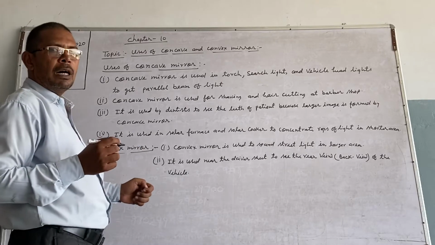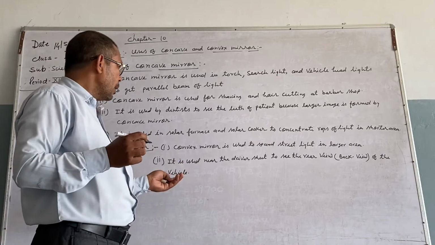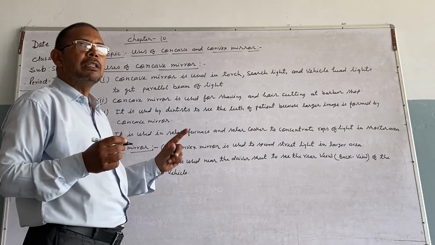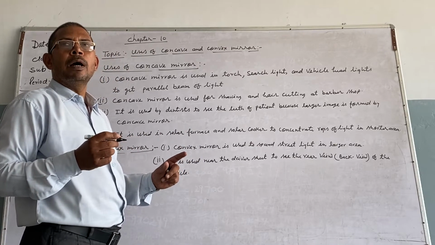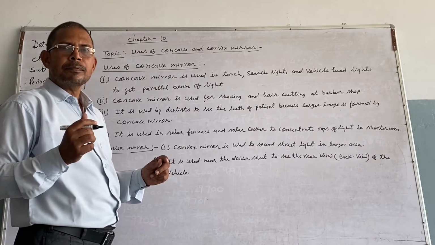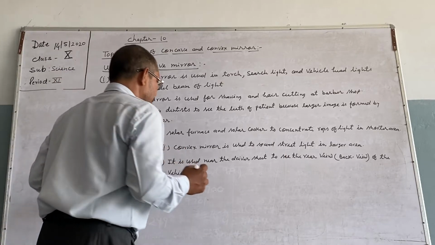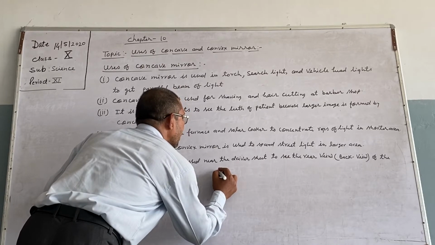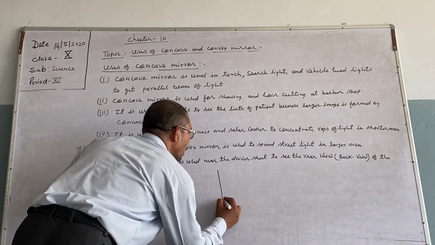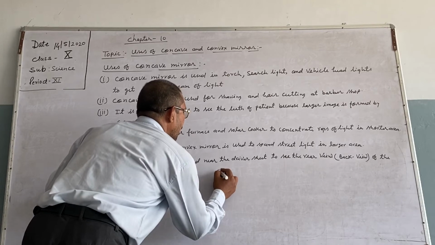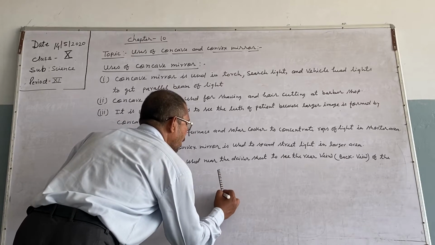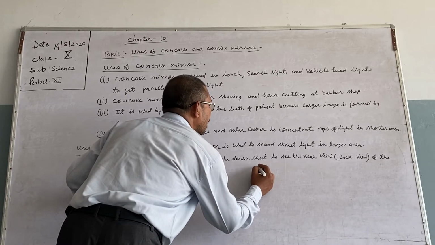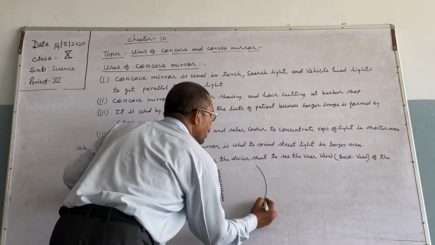See, one thing more here. Sometimes a question is asked regarding this. Why convex mirror is better to see the rear view of a vehicle? Take here plane mirror. This is plane mirror. This is concave mirror.